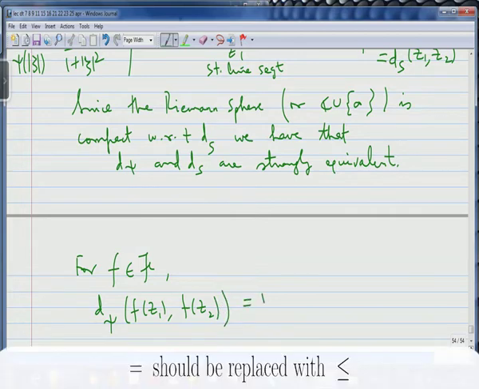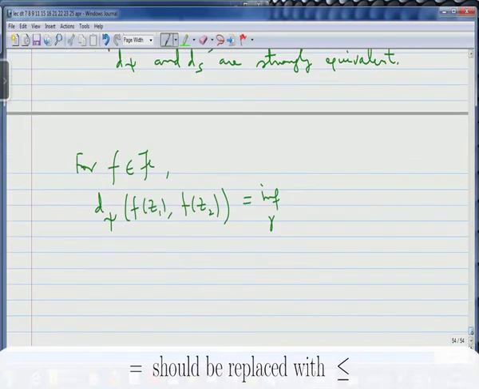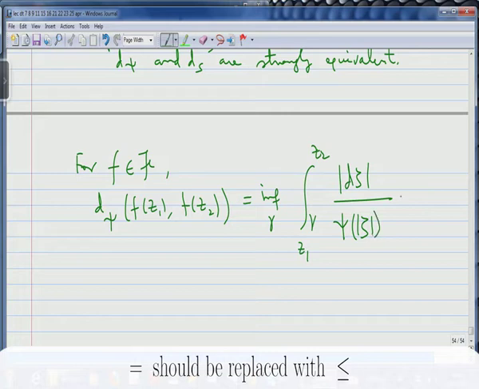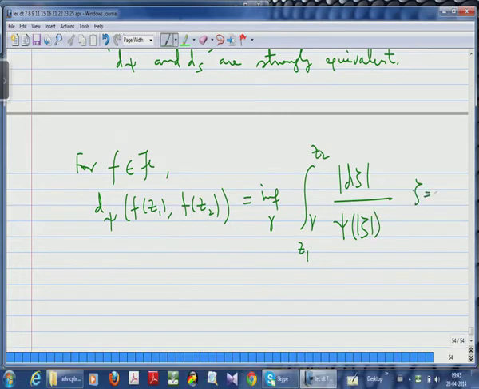This is going to be the infimum over all contours gamma from z1 to z2 of the integral along that contour of mod d zeta by psi of mod zeta, with the substitution zeta equal to f of z. This is the definition.